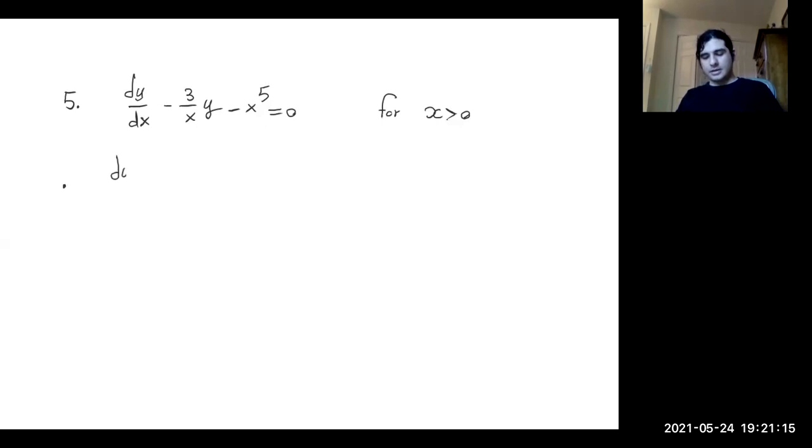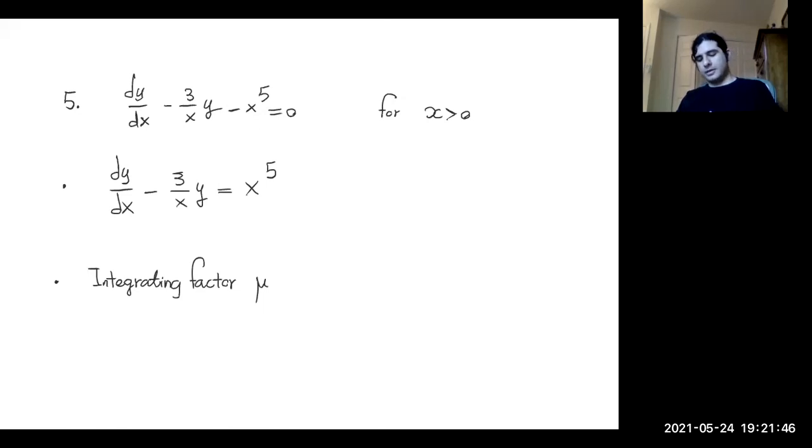So I would get dy dx minus 3 over x times y is equal to x to the 5. Again, I would multiply everything by a function mu. We call that an integrating factor.